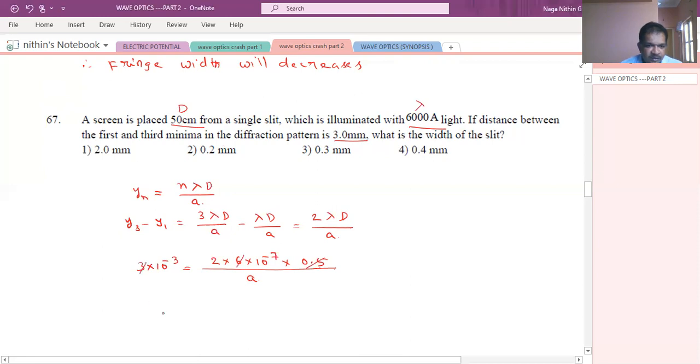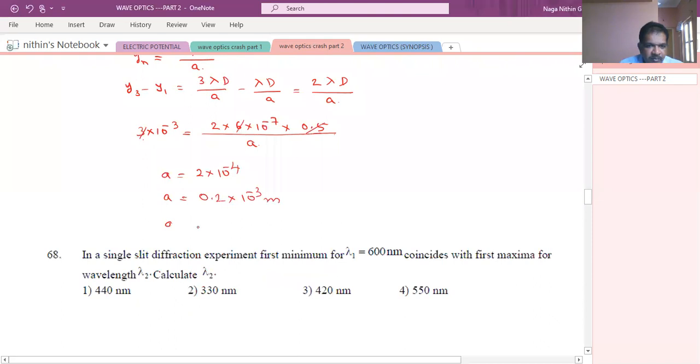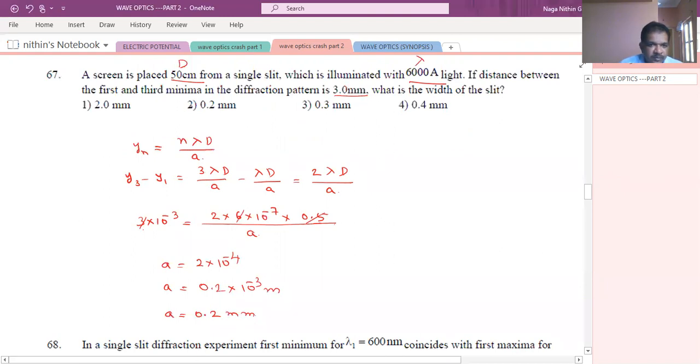So 3 will cancel. A is equal to 2 into 10 power minus 4, which is 0.2 into 10 power minus 3 meter. So A is equal to 0.2 mm. So this is the answer.